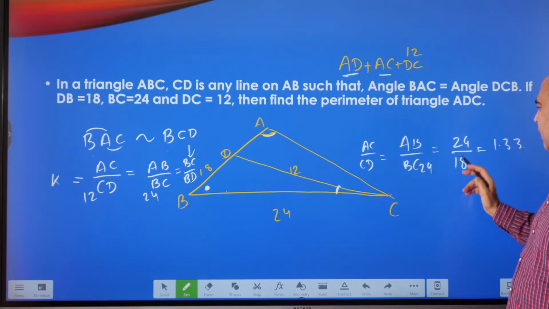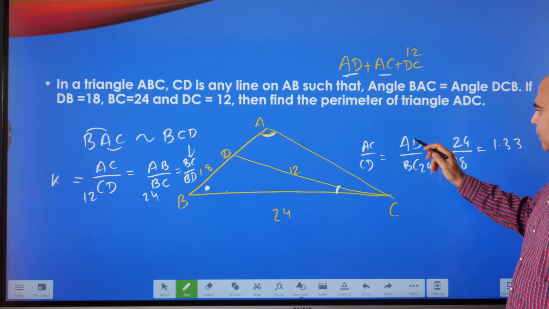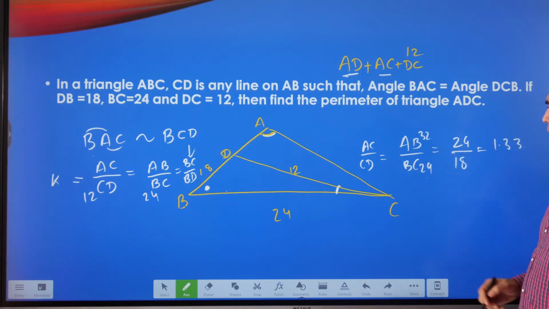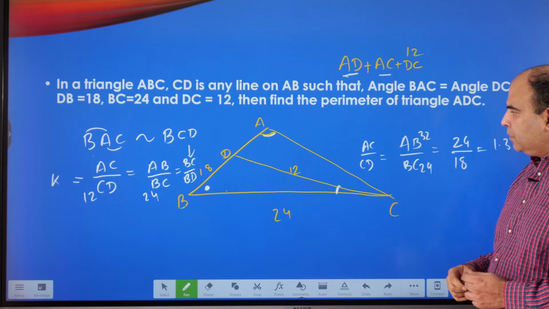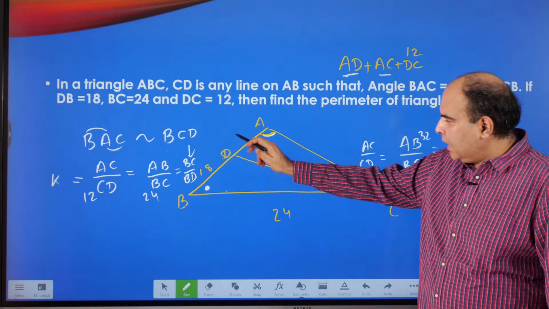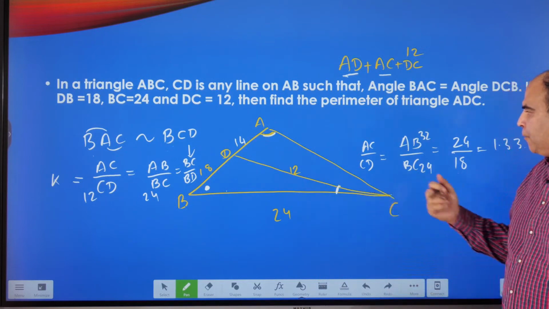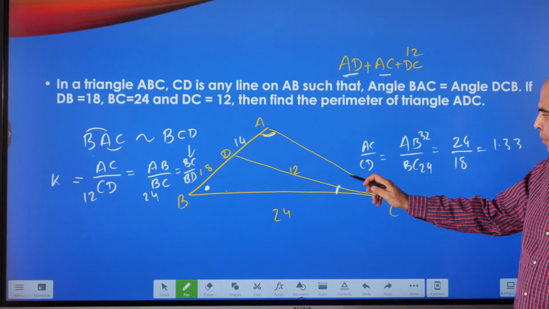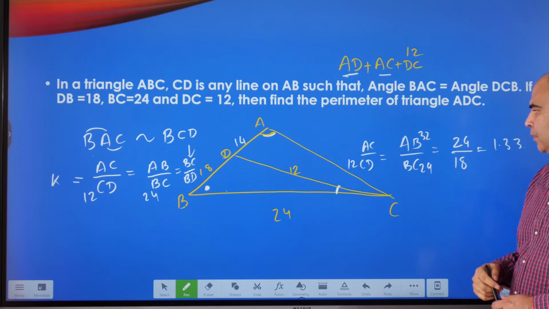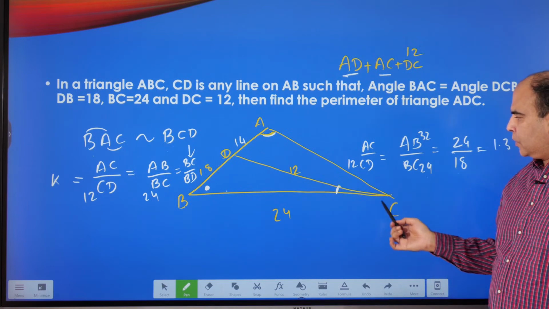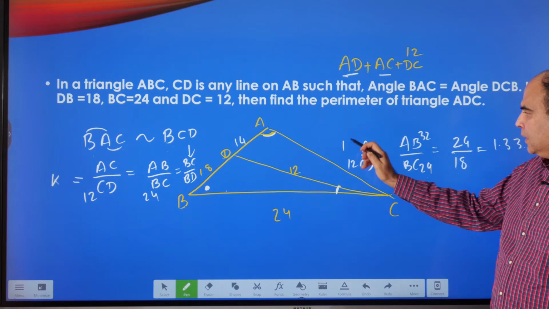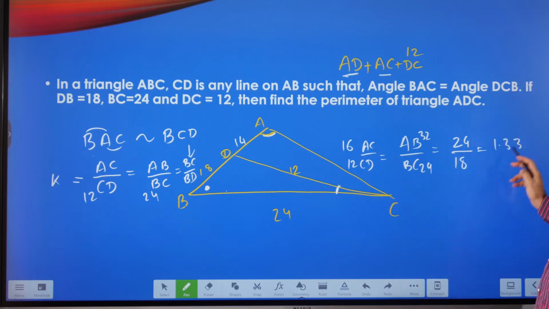So if this is 18, this is 24, this is 24, this will be 32. And if AB is 32, then AD is 14. Got this. Now I have to focus on AC. I know CD is 12, and if CD is 12 then AC will be 16. Just remember that the ratio is constant at 4 by 3 everywhere.